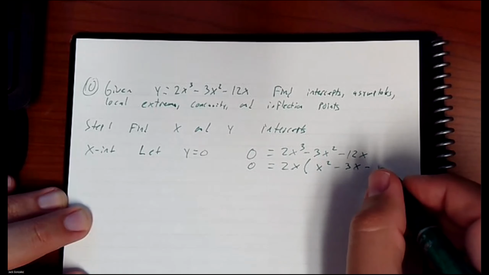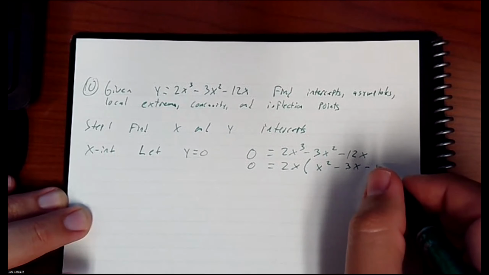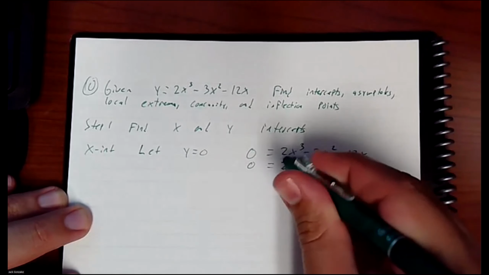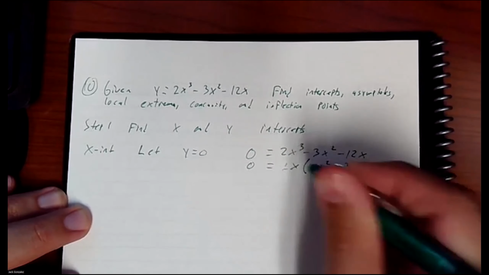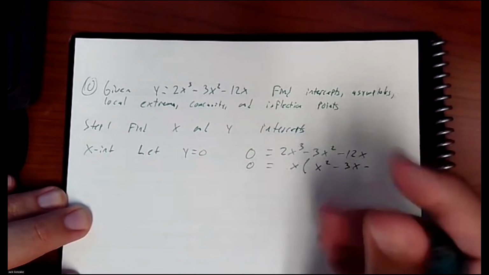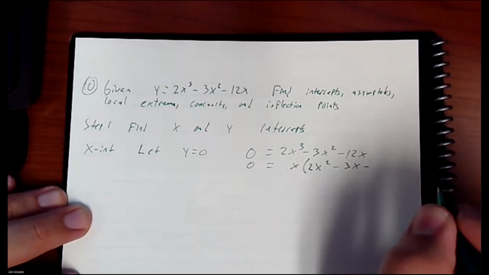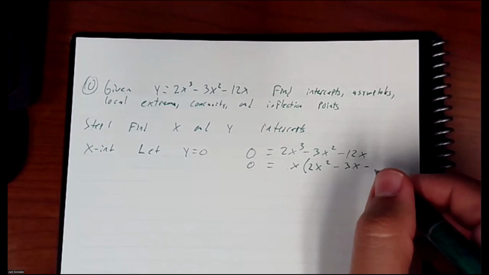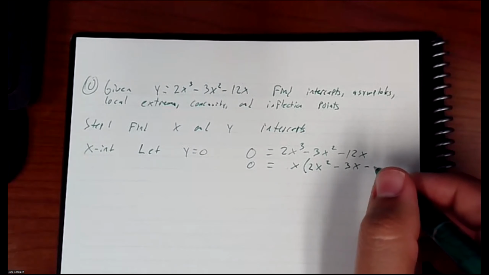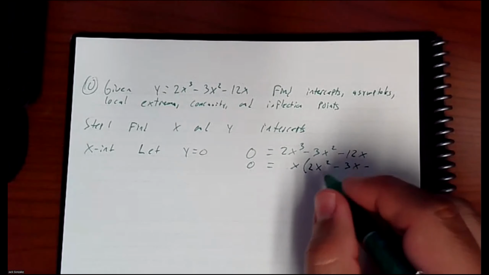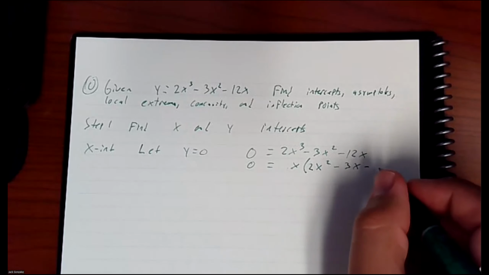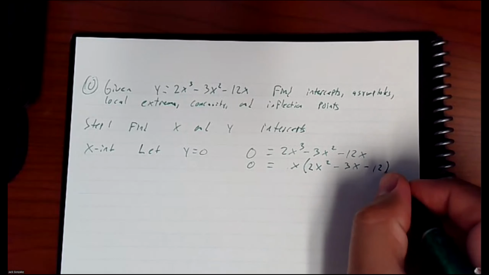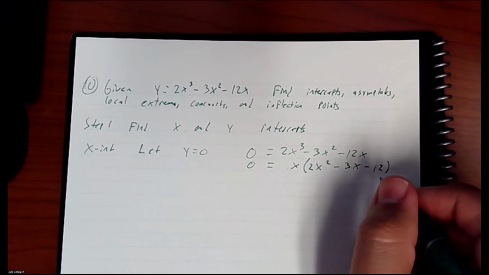Wait a second. No, I can't factor 2. I mean, you could, but it would be weird. So factoring out x would be x times 2x squared minus 3x minus 12.